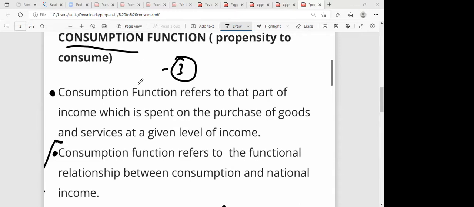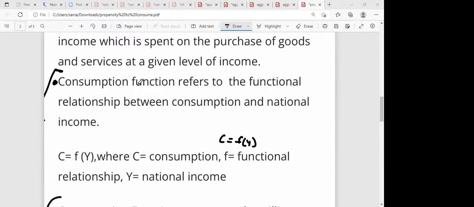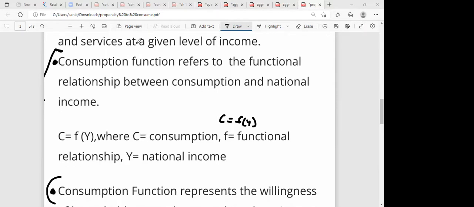Done, ma'am. Done, ma'am. Okay, Mahdi and Halima done till second point. Yes, formula done.